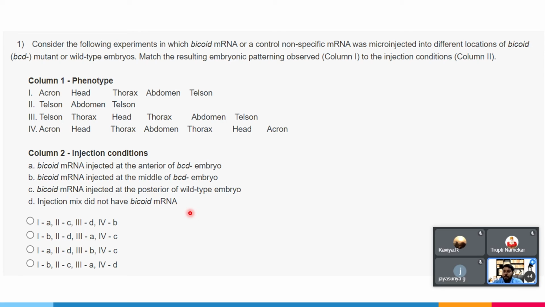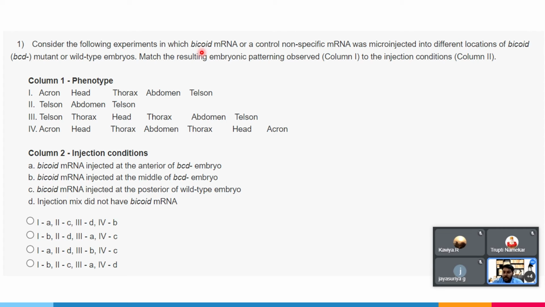The first phenotype is acron, head, thorax, abdomen, telson, which is the normal one. Acron is the head cap, and telson is the posterior-most structure. So this is the normal embryo. Next we have telson, abdomen, and telson. That is, it has two tails and no head. For context, bicoid is necessary for anterior structures.